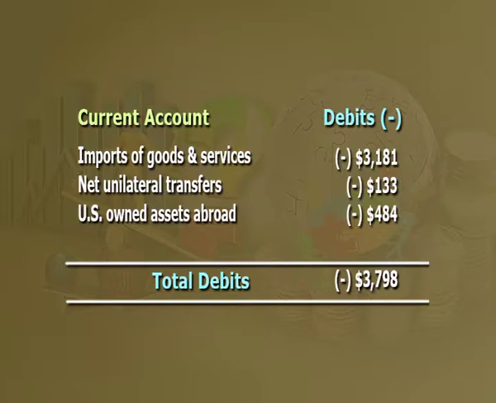The overall debits are a sum of negative $3,181 billion of the US import of goods and services and income, negative $133 billion for the net unilateral transfers, minus $1 billion net capital account balance, and minus $484 billion net increase in US owned assets abroad, giving an overall debit total of minus $3,798 billion.